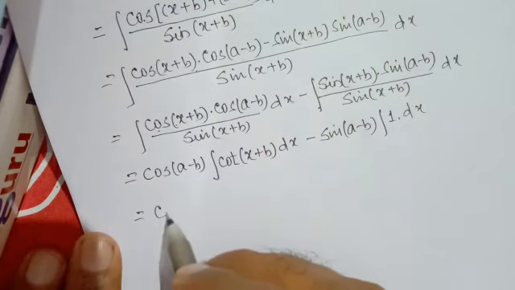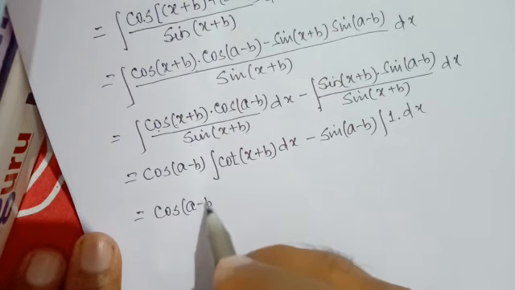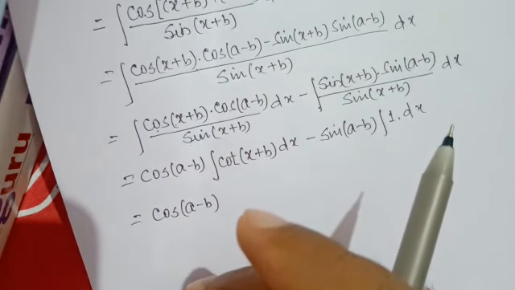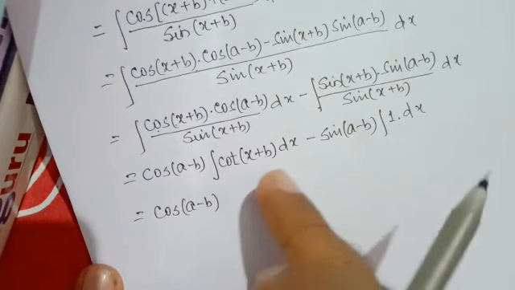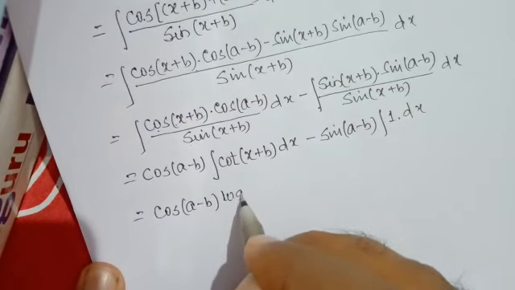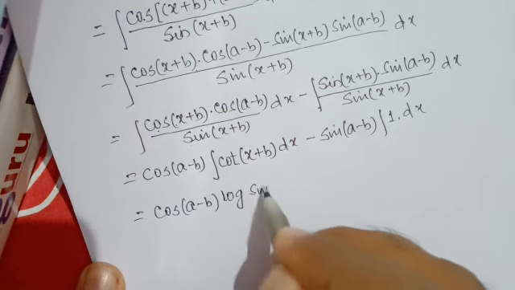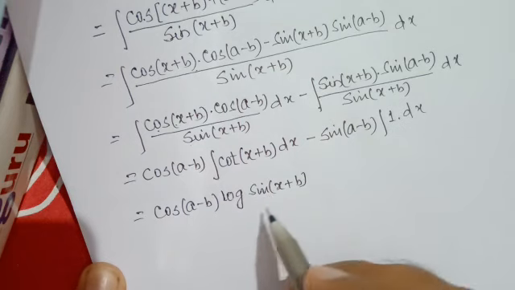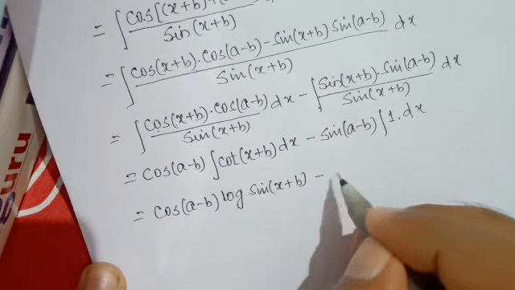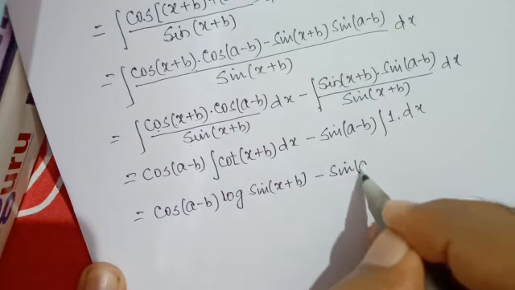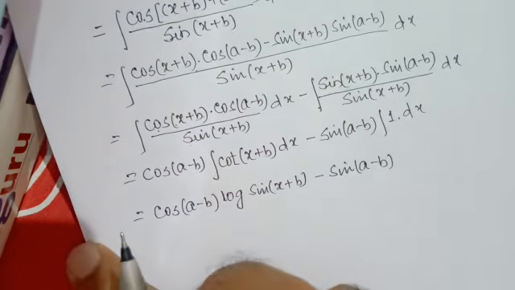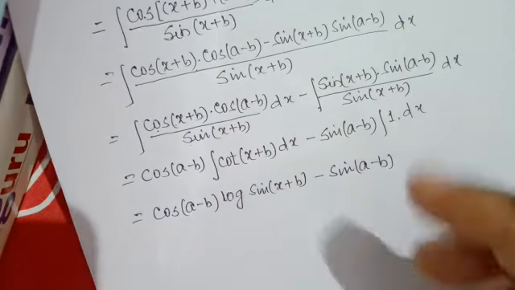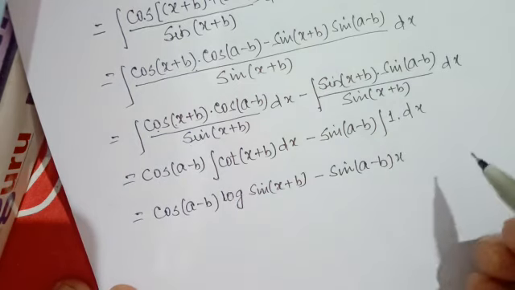So its value is cos(a minus b) log sin(x plus b), here coefficient of x is 1, so divide by 1, that remains same, minus sin(a minus b) into integration of 1 is x plus c.